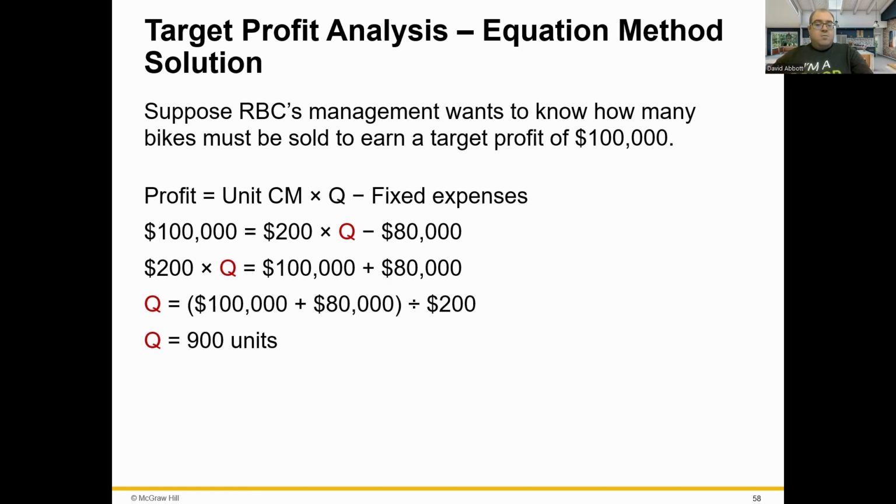We can work this out: 100,000 plus 80,000, which you would solve for first, is 180,000. Divide by 200, and that gives us 900 units that we would have to sell in order to make a target profit of 100,000.